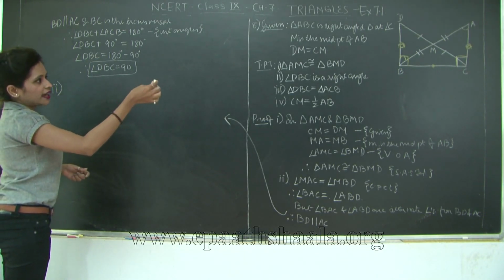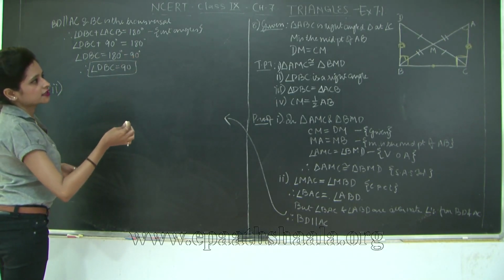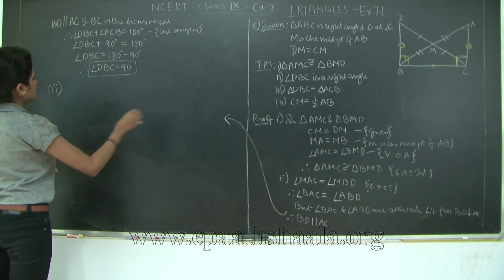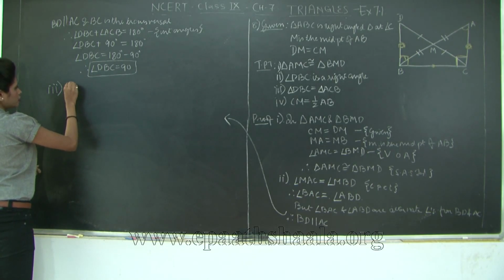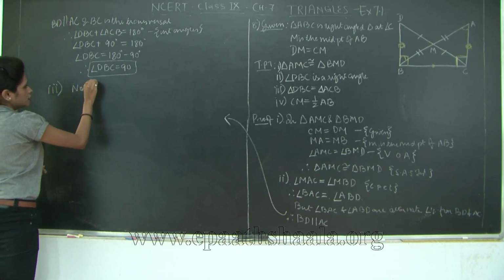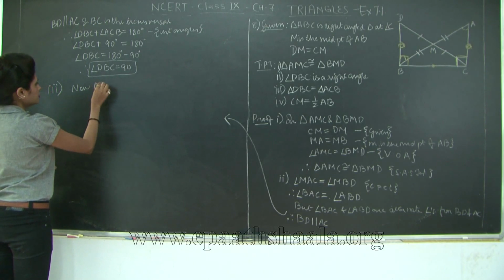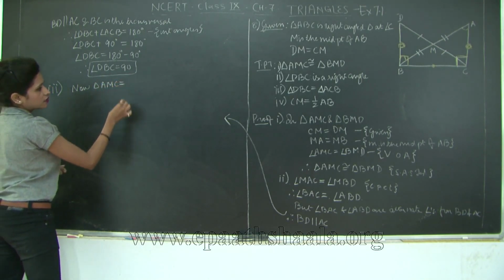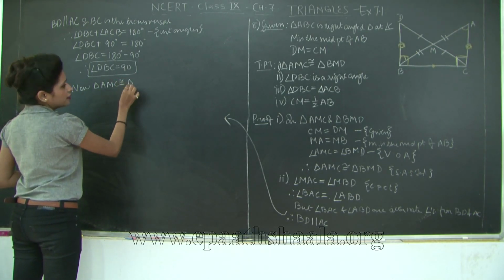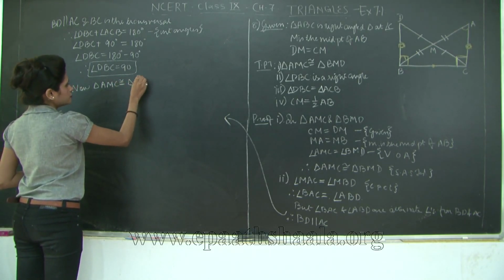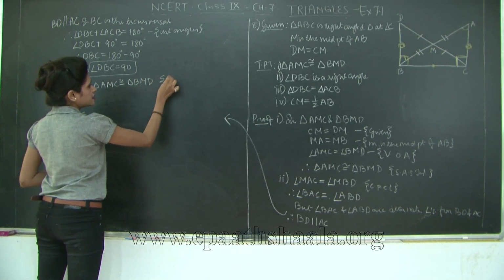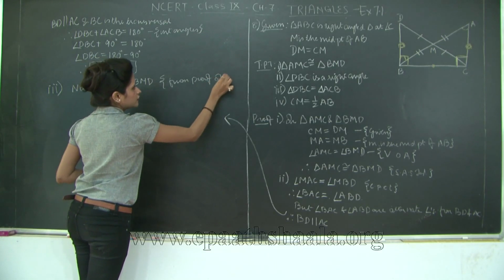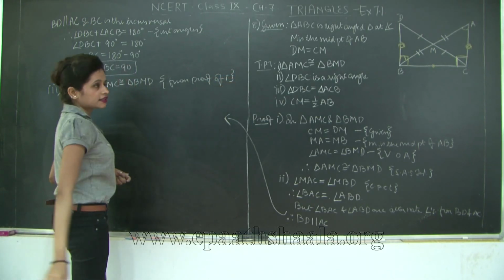So, first I will show that DB is equal to AC, correct? So, DB and AC. Now triangle AMC is congruent to triangle BMD, and I will say from proof of 1, correct?